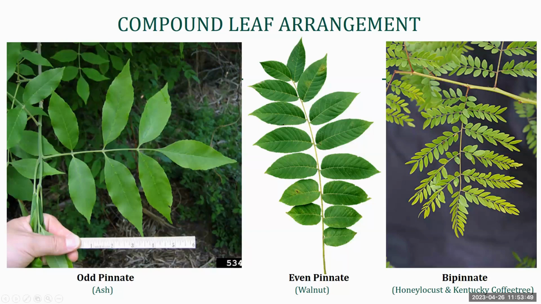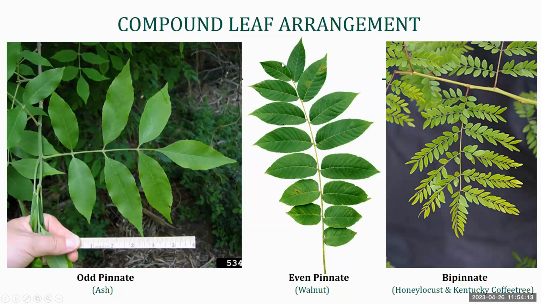A good example of this is our green ash tree. Again, you can see these leaflets. If we count them 1, 2, 3, 4, 5, 6, 7, there are 7 leaflets. And so it would be odd pinnate. Here in the middle, I have what's an example of even pinnate. A good example of this would be like a walnut tree. And that is just showing that all of these leaflets are right across from each other.